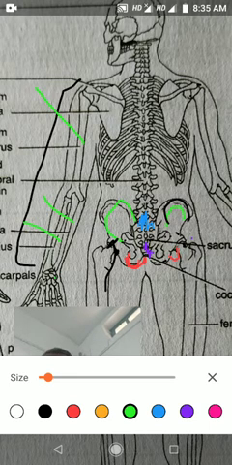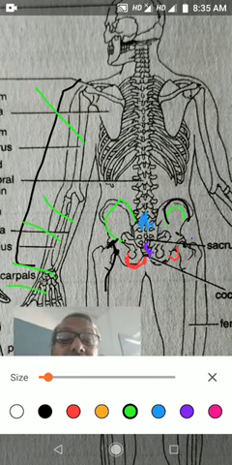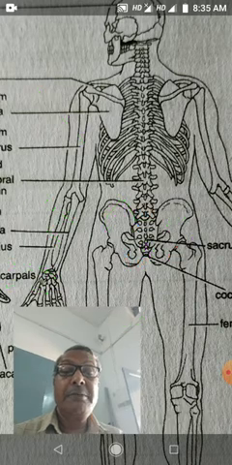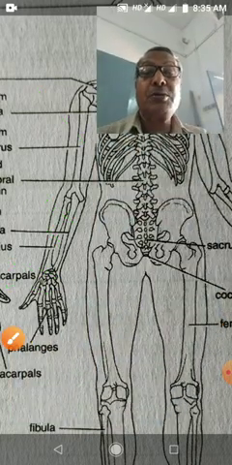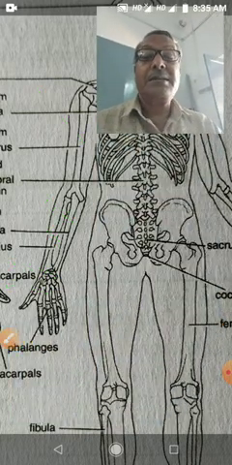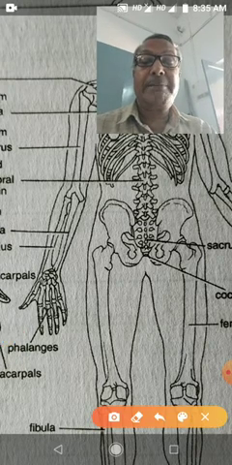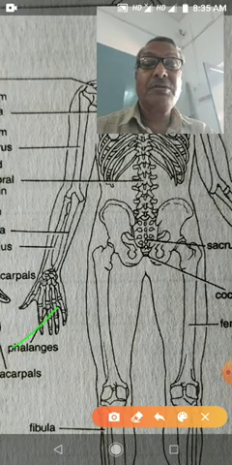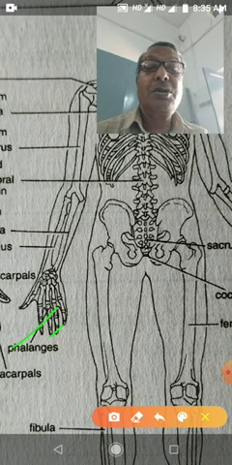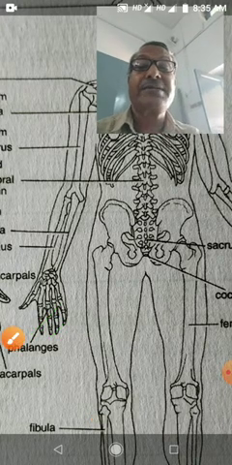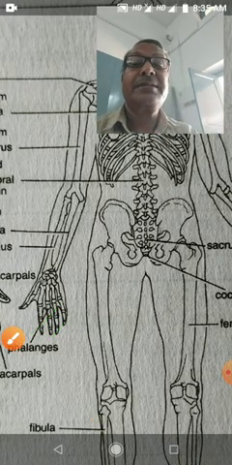Again in the wrist, this bone is the carpal. In the palm, metacarpal. Now in the finger, the bones present are known as phalanges.